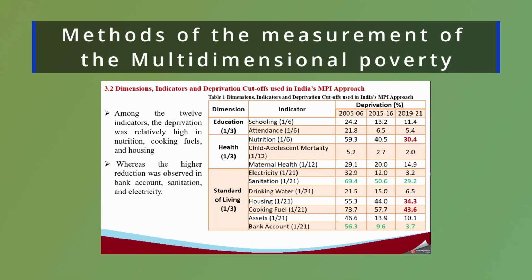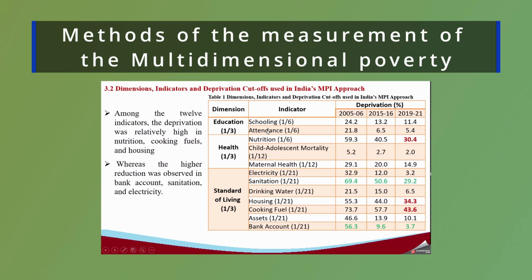This table highlights the dimensions and indicators of the multidimensional measurement of poverty which are used in India's approach. In this India's MPI approach, there are 3 dimensions: education, health and standard of living. The education dimension consists of 2 indicators, schooling and school attendance.